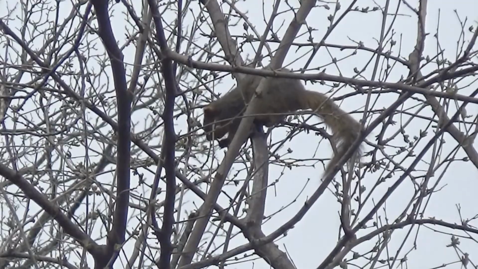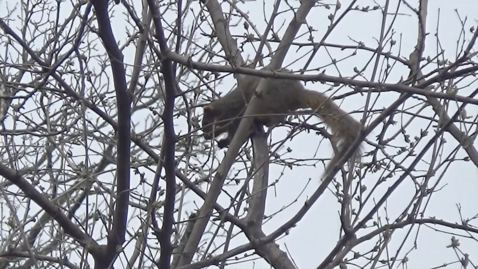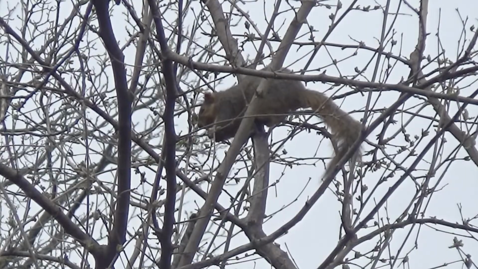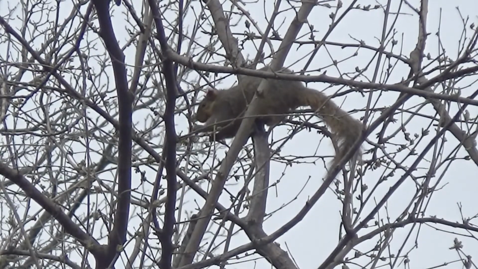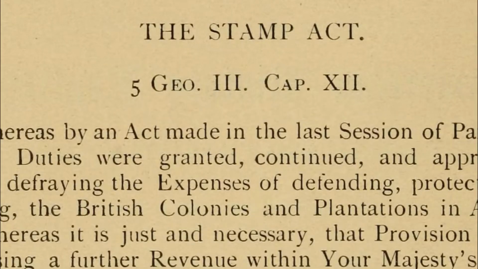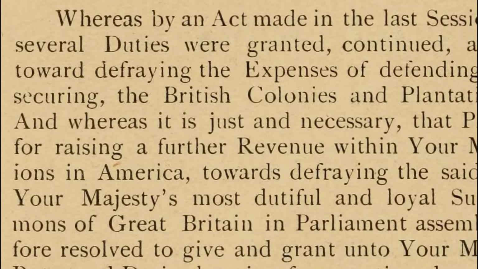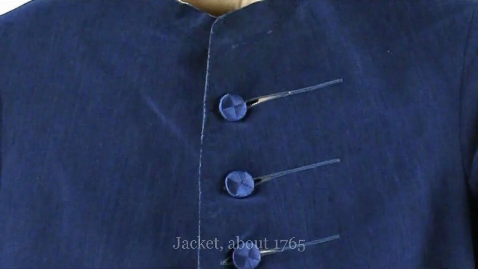The wording of the Stamp Act is quite comprehensive, detailing the scope and wide-ranging itemization of the materials to be taxed. The Stamp Act opens with a summary justifying the legislation. It begins, "Whereas by an act made in the last session of Parliament, several duties were granted, continued, and appropriated toward defraying the expenses of defending, protecting, and securing the British colonies and plantations in America.